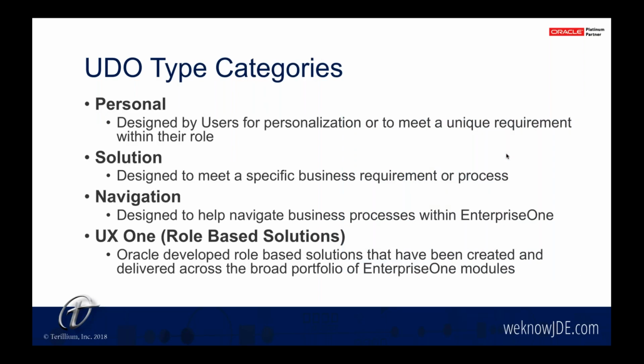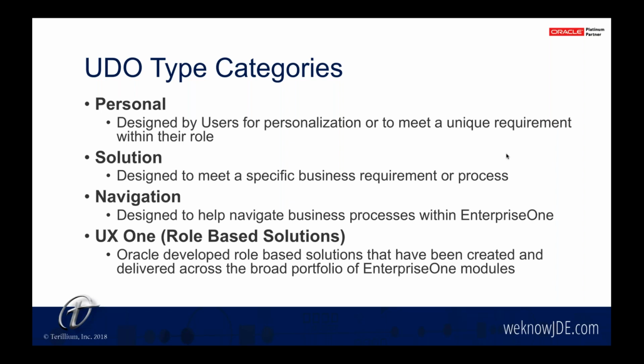So some of those UDO type categories: you've got the personal user-defined objects, and these are typically designed by the users for personalization, such as a custom grid or a query that they're going to apply to an interactive application. You've got a user-defined object category of a solution, and this is really meant to meet a specific business process or business requirement.